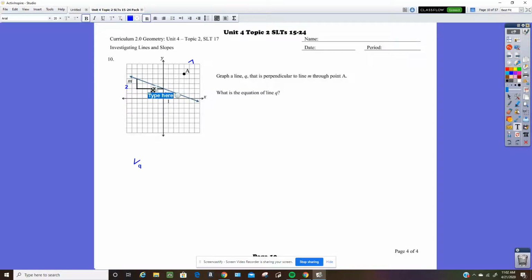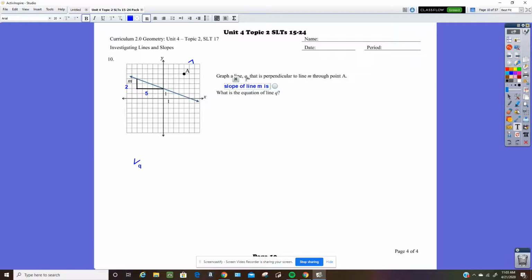This is 5. So the slope of line M is negative 2/5 because that line is decreasing from left to right.